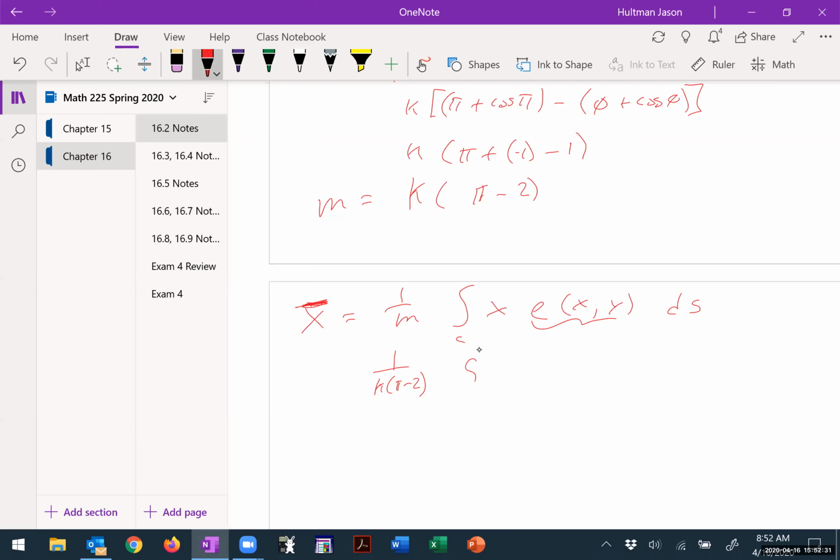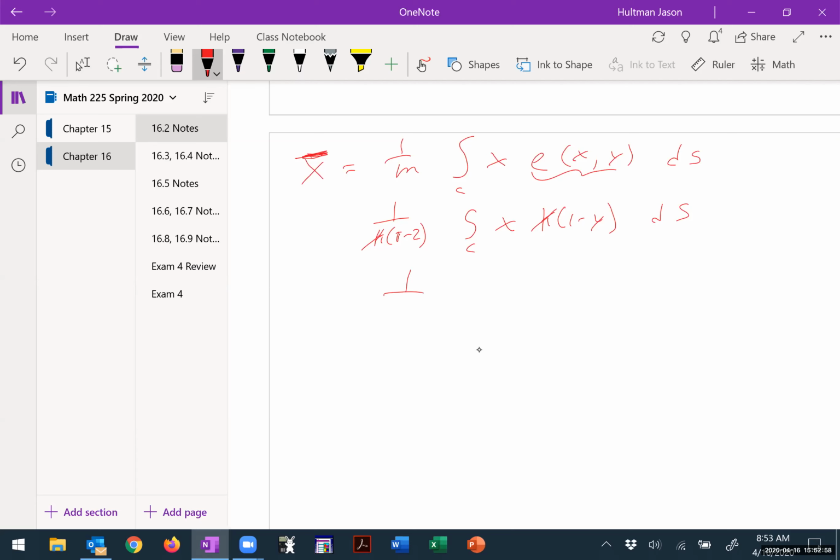So this is the integral over C of k times x times 1 minus y ds. That tells me that I'm going to have to do a line integral, so I need to parameterize this. I could pull the k out and they would cancel. I'll get 1 over pi minus 2.